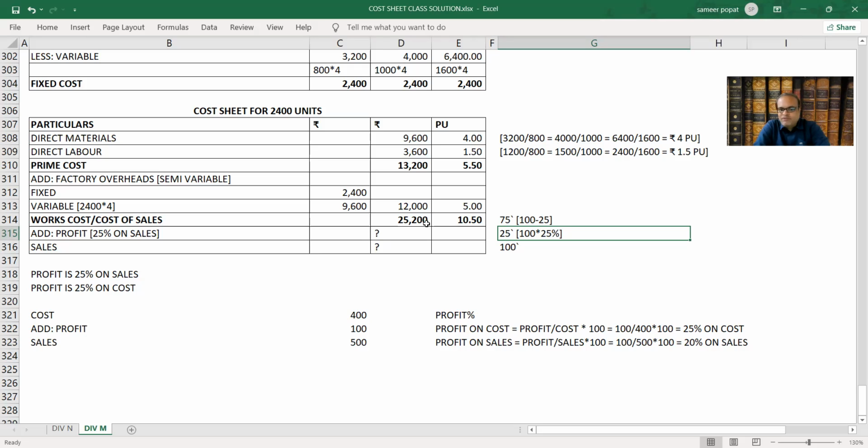Okay, so this 25,200 represents 75. So if 25,200 is 75, how much would be 25 and 100? Simply cross multiply here. Getting it, everyone? Yes, sir.